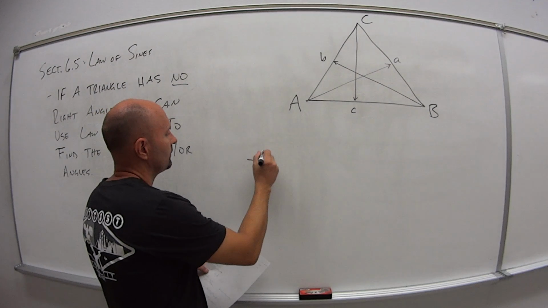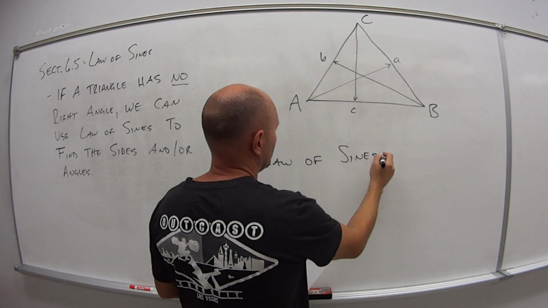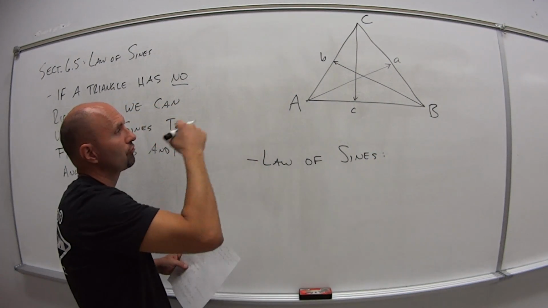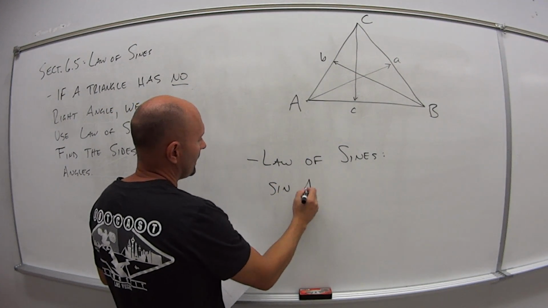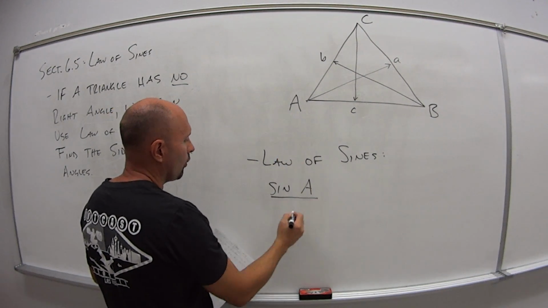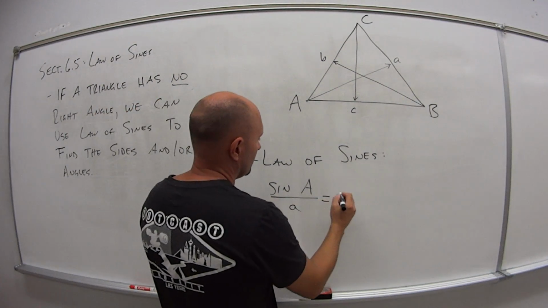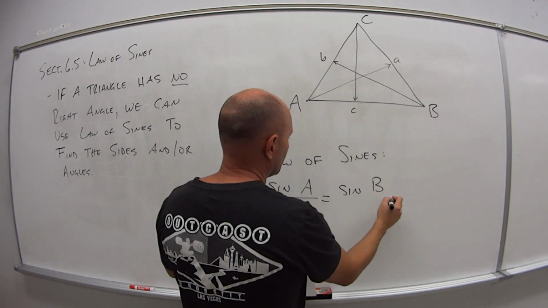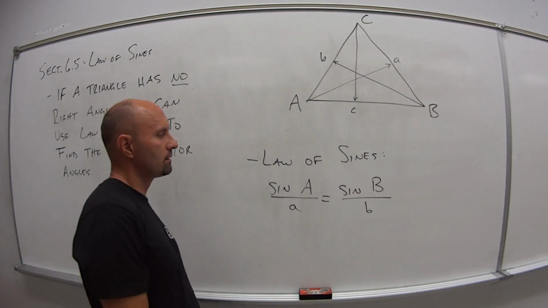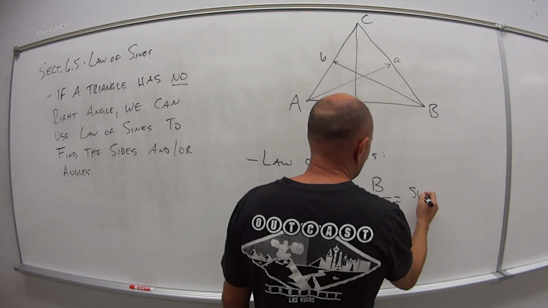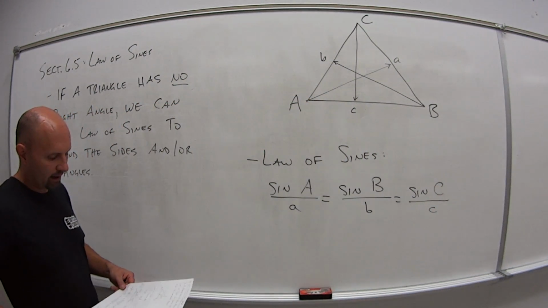The law of sines says the following. This is a cheat sheet item. In this triangle ABC, using the law of sines, we get the sine of angle A over the length of side a is equal to the sine of angle B over the length of side b, which is the same value as the sine of C over the length of side c.